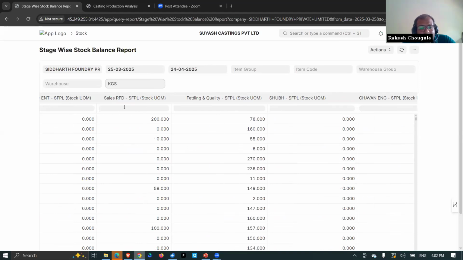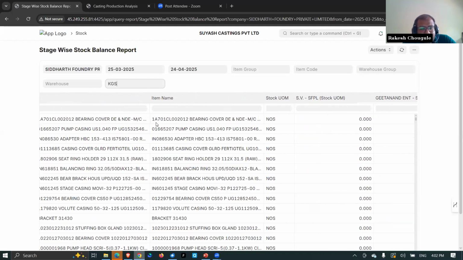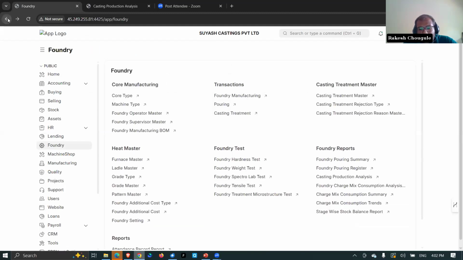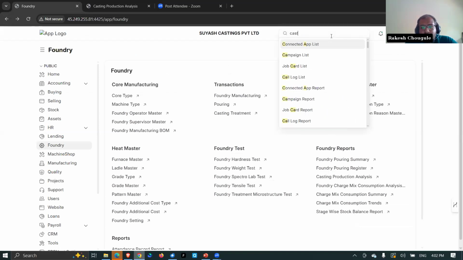You can see here for sales RFD I have only 200 kgs of material, or 200 quantities, available for my sales. So you can get an overview of the location of the particular casting, where it is available right now. Then there is another report regarding inspection.